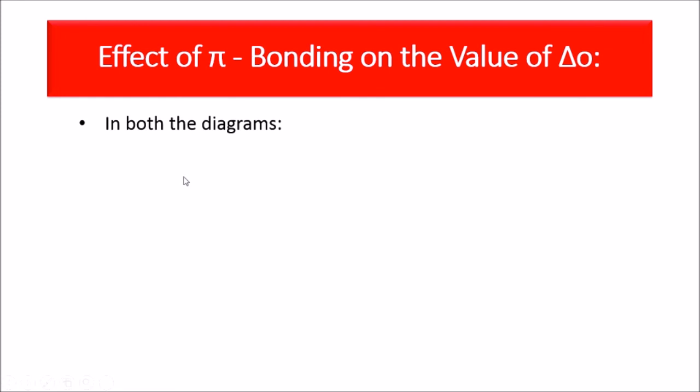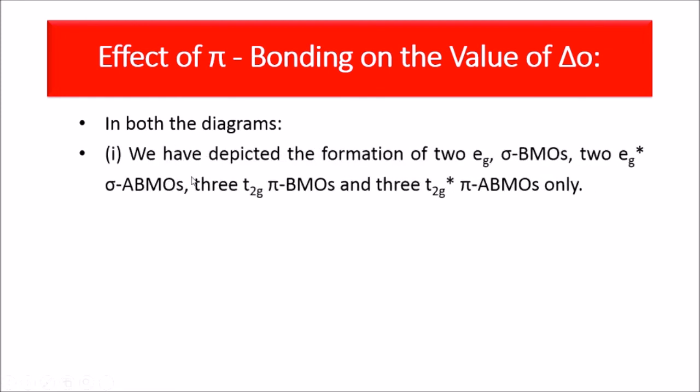Well, in both diagrams, we need to point out three points. The first point indicates that we have depicted the formation of two Eg sigma BMOs and two Eg star sigma ABMOs, 3 T2G pi BMOs and 3 T2G star pi ABMOs.